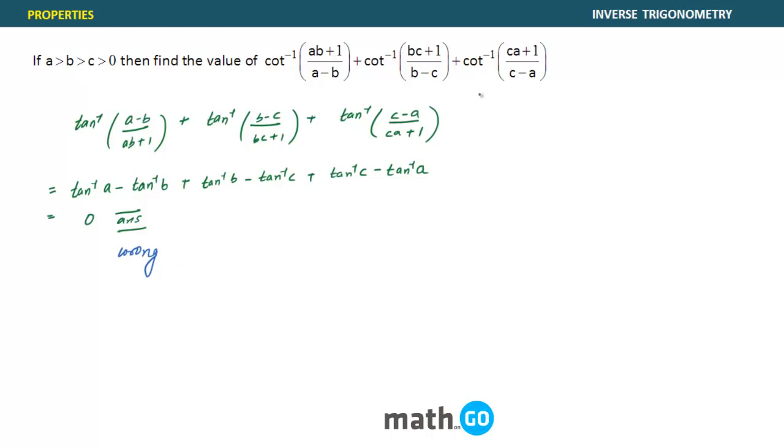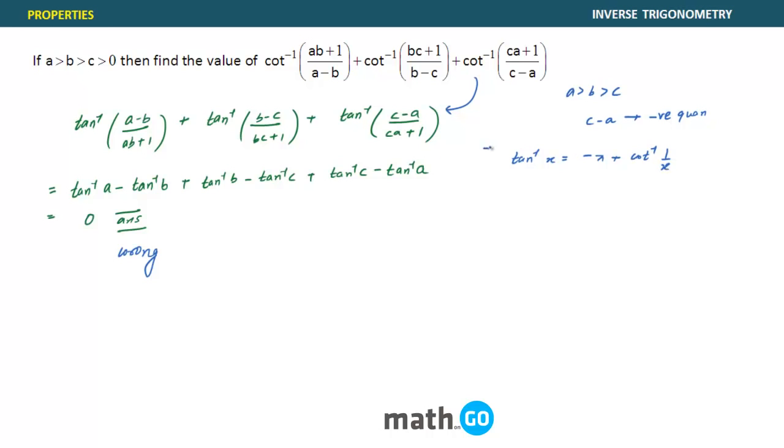What is the problem is when you have come here in this particular step. Now what is happening? Let's see. It is given that a is greater than b greater than c. Here what is happening? c minus a is a negative quantity, right? We did tan inverse x is equal to minus pi plus cot inverse minus 1 by x.